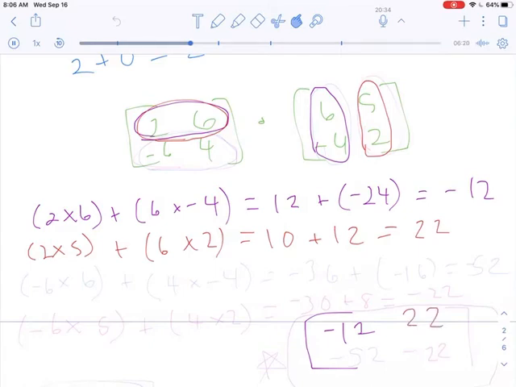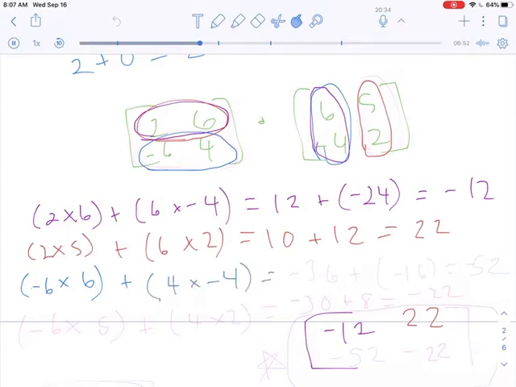Let's move on to our second row of our answer matrix, which means we're on the second row of our first matrix, and we're going to multiply it by the first column in the second matrix. So I've got -6 times -6, or +6, plus 4 times -4.